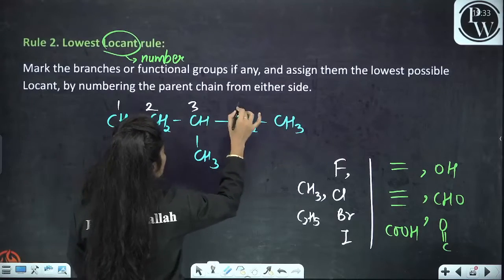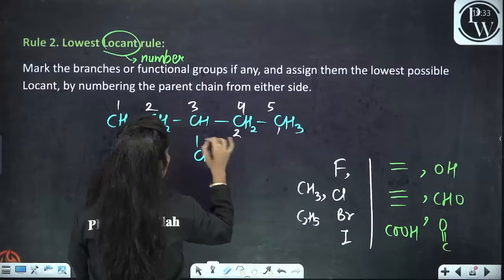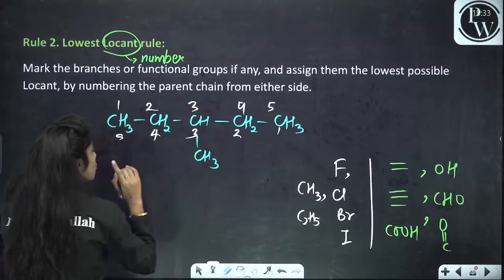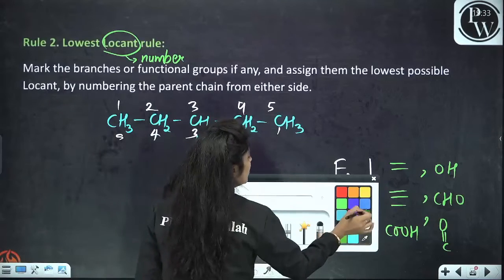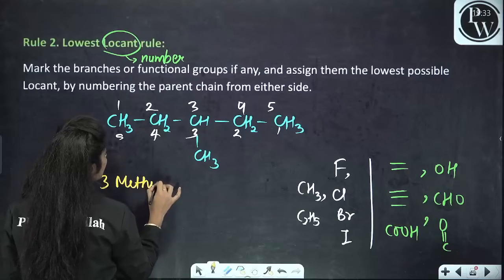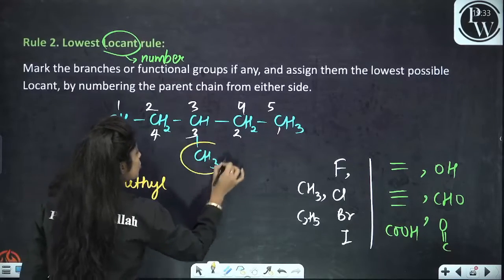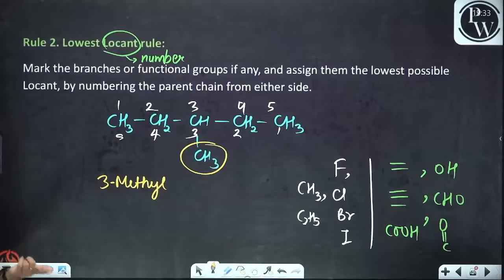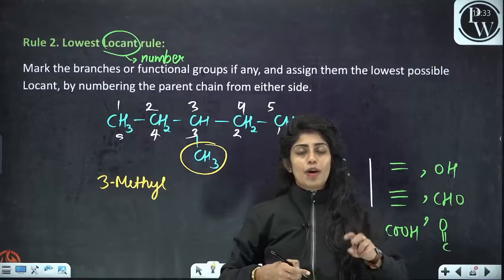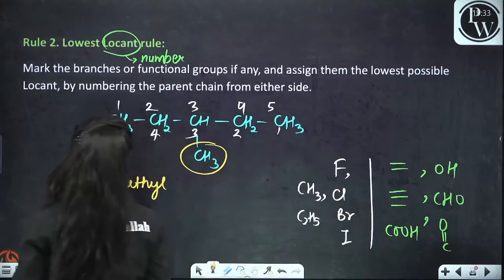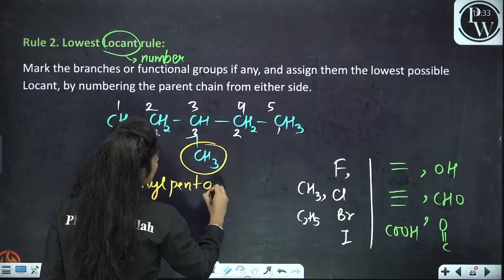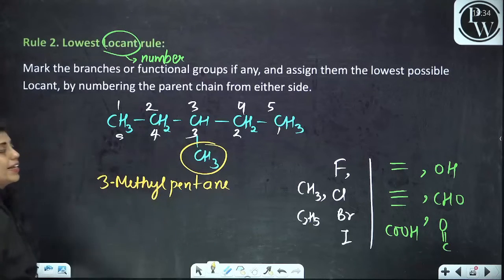Go either way, 1, 2, 3, 4, 5. Either way, it is coming on the 3 only. So what can be the name for this compound? 3-methyl. As I told you, this is the branch alkyl group. I can call it carbon 1 methyl, carbon 2 ethyl. Then we have word root pent, single bond ane, 3-methylpentane. Are we good?